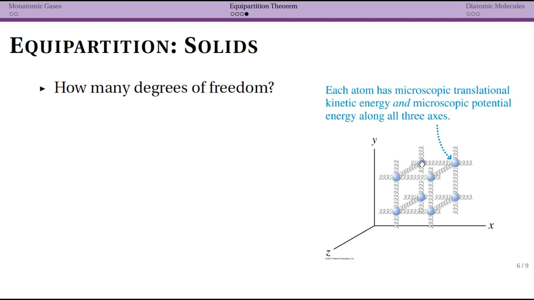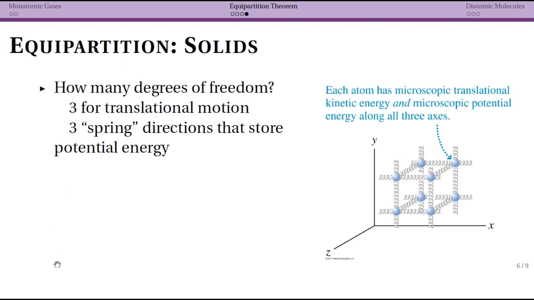Now, this is actually a little bit different than the translational kinetic energy because in this case, it isn't that the whole solid is flying through the air, but that each of these balls on the springs has both kinetic and potential energy. So when I say translational motion, it would be better here to just call this spring kinetic.